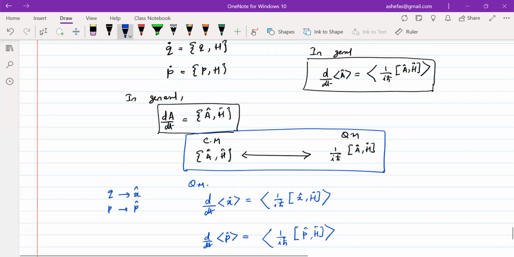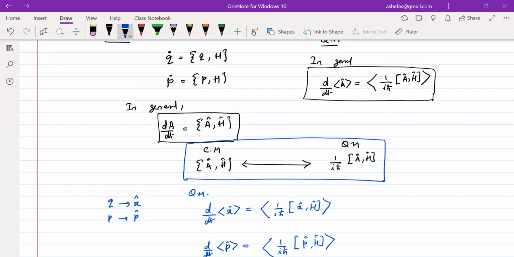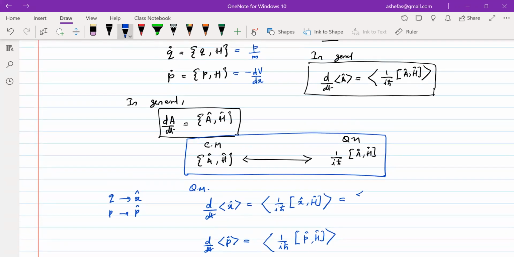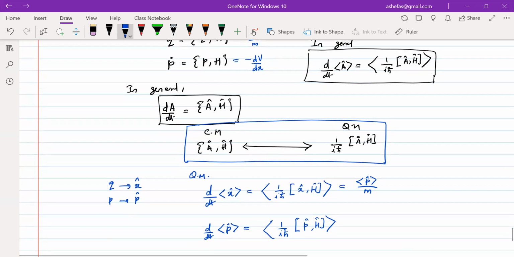Now in classical mechanics, it is possible to show that q dot is nothing but p by m, and p dot is minus dV by dx. Then can you show that this is equal to the expectation value of the momentum operator by mass, and this is the expectation value of minus dV by dx?